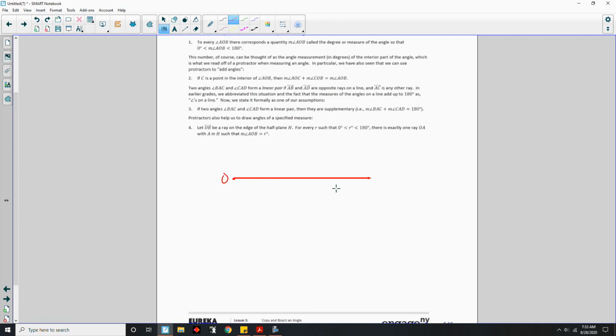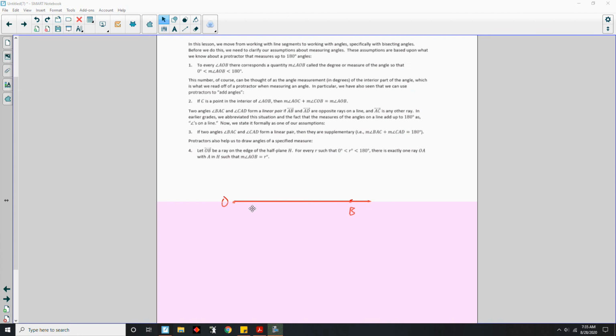Here's O, here's B. Let OB be a ray on the edge of the half plane H. Actually my half plane would stop at this point here because of the ray, so let me just move that. There we go. So that would be the half plane formed by ray OB. Remember, this would go on forever this way only.